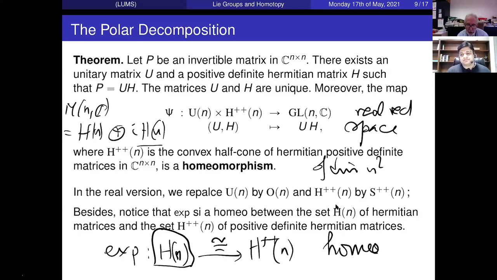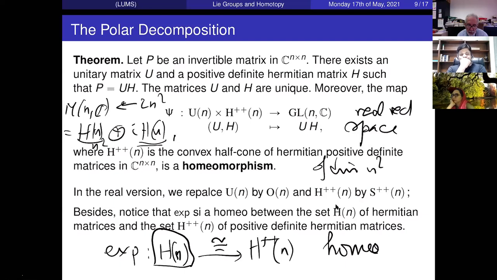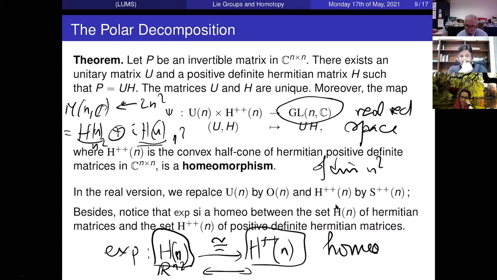This is the usual decomposition of a matrix into symmetric and antisymmetric parts, here Hermitian and anti-Hermitian, and they are isomorphic as real vector spaces. The whole space has dimension 2n squared, each part has dimension n squared, so this is essentially R to the power n squared. So GLNC, up to a Euclidean vector space of dimension n squared, is the same as UN.